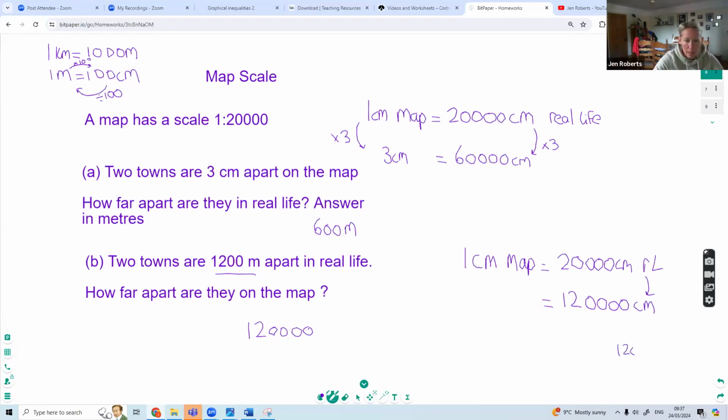That's 6. You might want to check if you've done the division correctly. Let's think, 20,000 times 6 is 120,000. That's correct. Because we times this by 6, we times this by 6. How far apart are they on the map? You can see they're 6 centimetres.